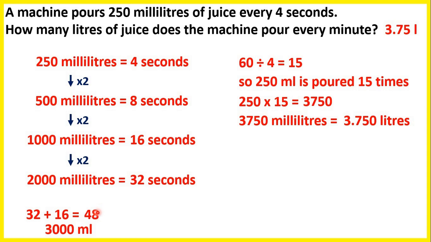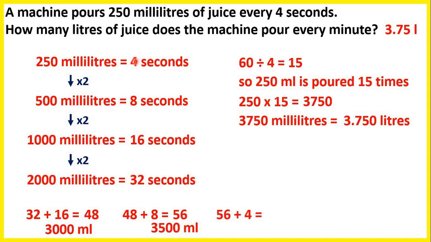So in 48 seconds, we can pour 3000 millilitres, and if we add 8 seconds to 48 seconds, that tells us that we can pour 3,500 in 56 seconds, because 32 plus 16 plus 8 is 56, and 2000 plus 1000 plus 500 is 3,500.